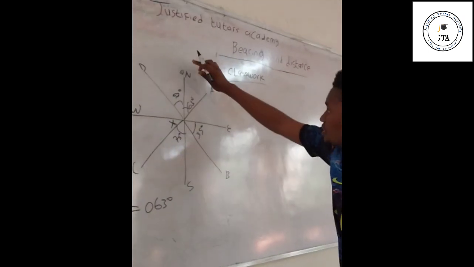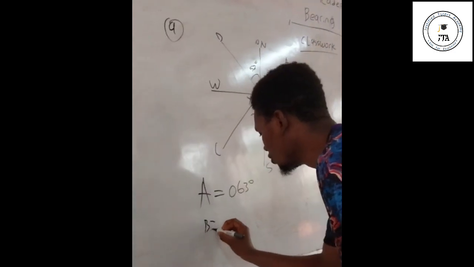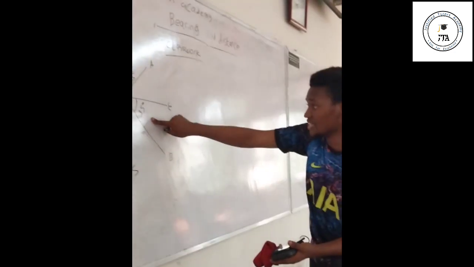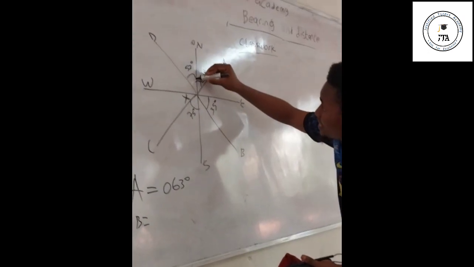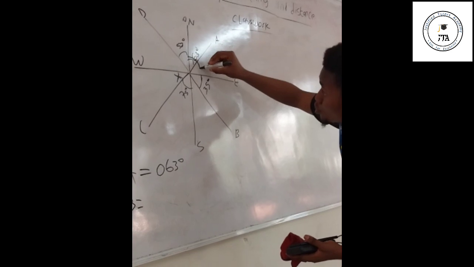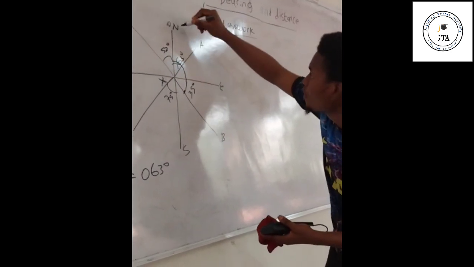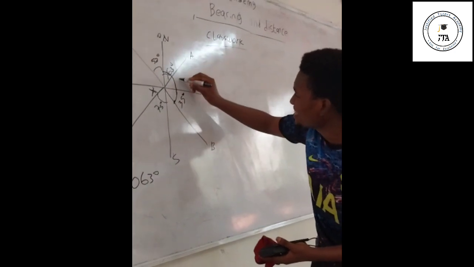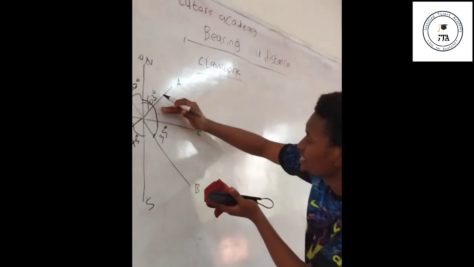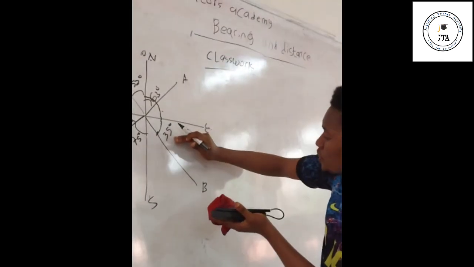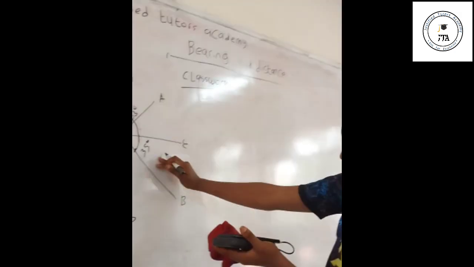That's A, because we're shifting from 0 degrees to 63 degrees. Now look at B. B is over here, going from 0 to this point here. You know that from north to east is 90 degrees, so you just add 90 with 35 to get the angle at B. So the angle is 90 plus 35, which is what?